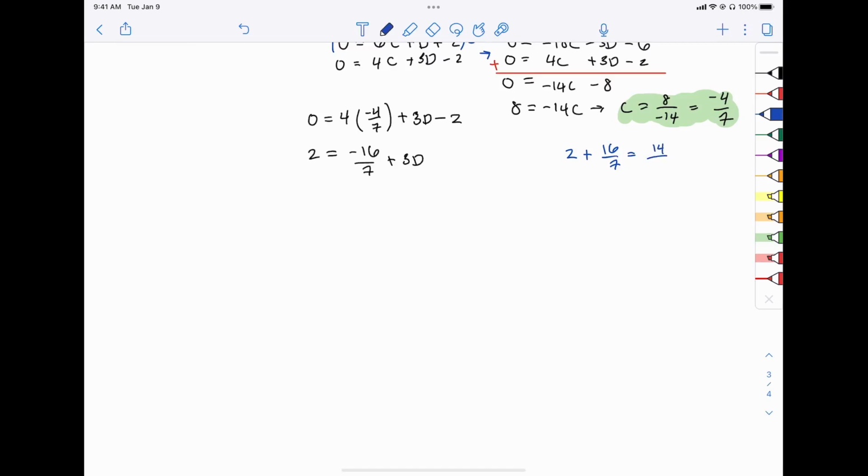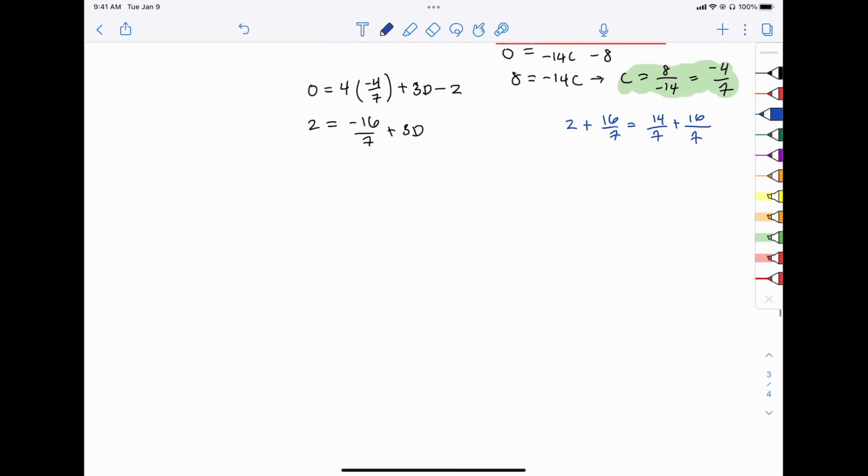That's going to be 14 plus 16 over 7, and that's going to equal 30 divided by 7. Then 30 divided by 7 equals 3d, or that d equals 10 over 7, right? 30 divided by 3, so 10. Cool. Now we're done. Almost.